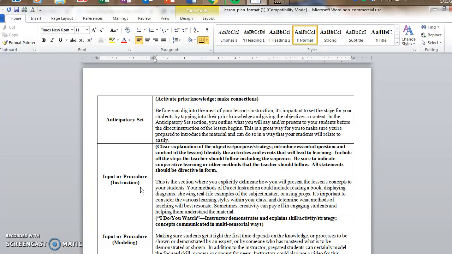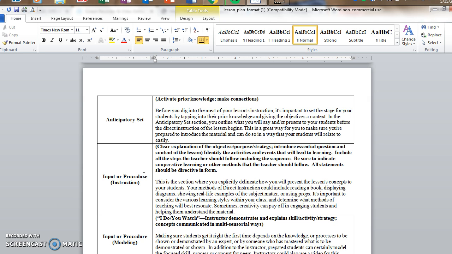Next we have input or procedure. Instruction. This is the section where you will explicitly delineate how you'll present the lesson plan's concepts to your students. This is basically what you're going to do and how you're going to do it. Your methods of direct instruction could include reading a book, displaying diagrams, showing real-life examples of the subject matter, or using props.